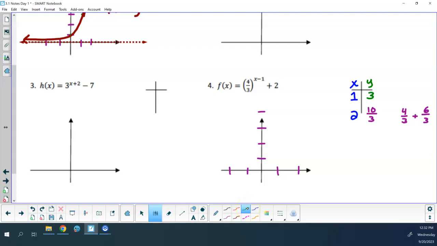So 1, comma 3, and 2, comma 10/3. I also know that my horizontal asymptote moved to positive 2.